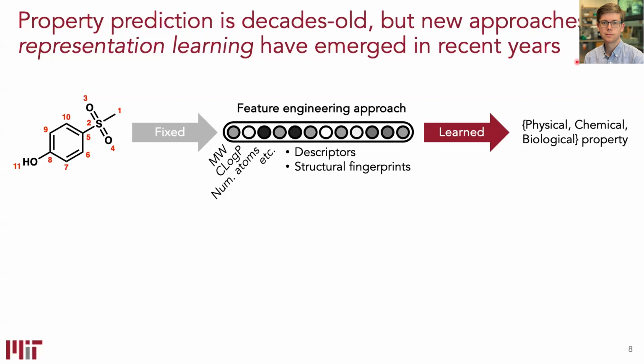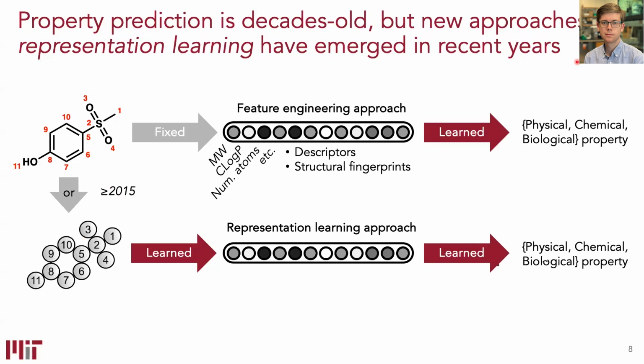Now, the relevant change that's happened in the past decade that's really been accelerated by machine learning and deep learning in particular is a transition from the paradigm where we would choose to represent our molecule through a set of expert defined features or a fixed numerical vector describing aspects of that structure, to a paradigm now where we're trying to learn the representation directly from the original molecular structure, perhaps here represented as a graph.